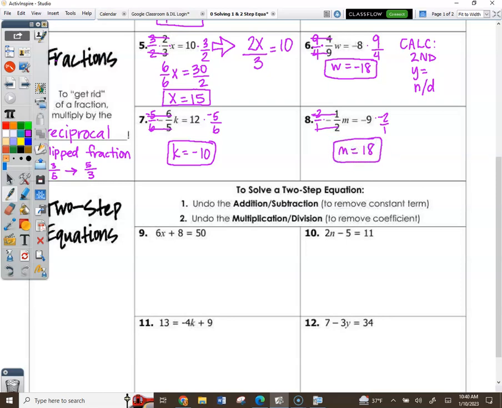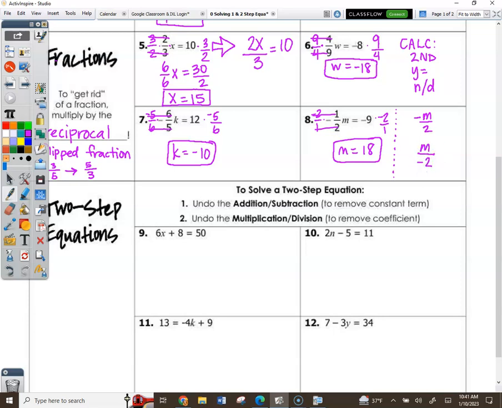I want you to start learning how to recognize, I'm going to draw a line, that negative 1/2 m is the same thing as negative m over 2, right? Or m over negative 2. You see how those are the same?